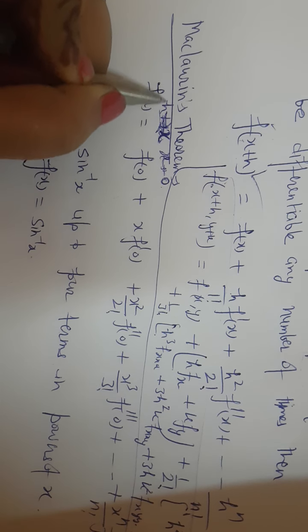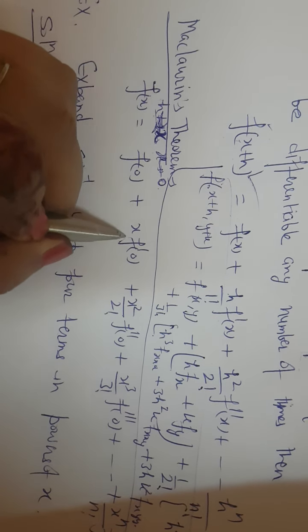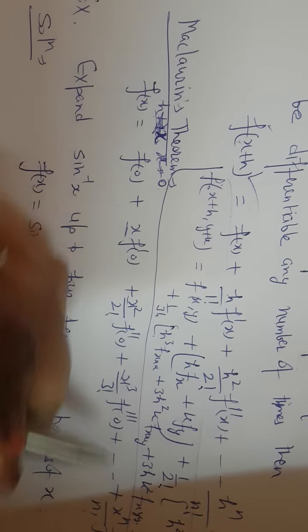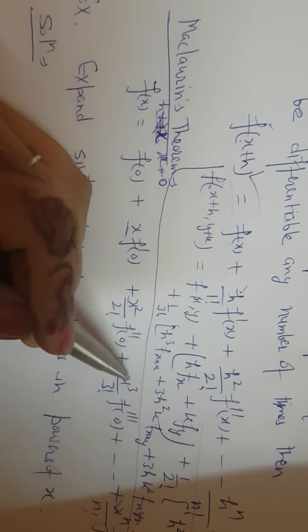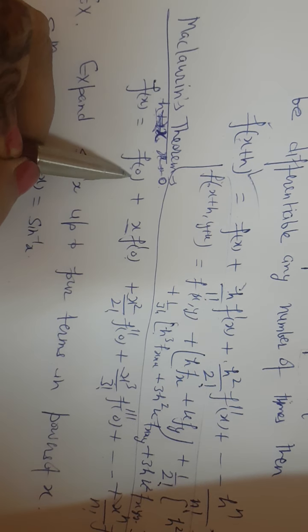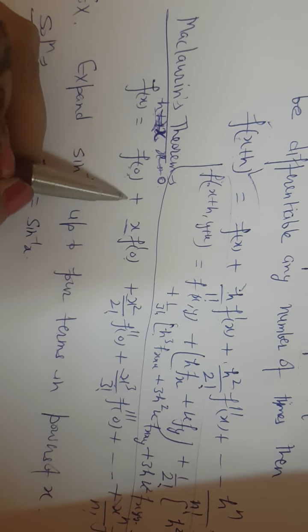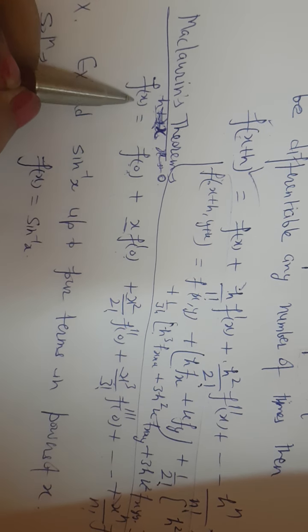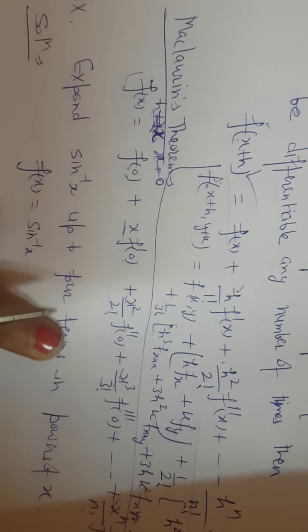For the Maclaurin series, h tends to x in place of h, and in place of x you put 0. So this is the Maclaurin series.